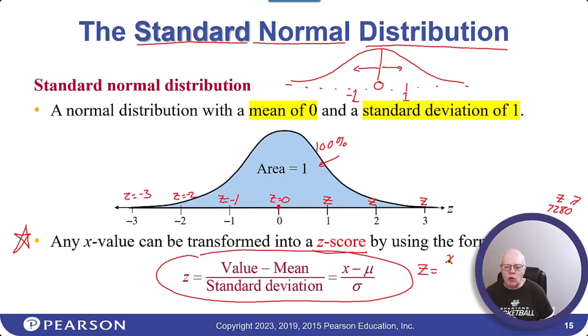And we're going to take whatever that number is, we're going to subtract what the mean is for this normal distribution. And to make it a standard one, we'll divide it by the standard deviation for this normal curve. You got that?